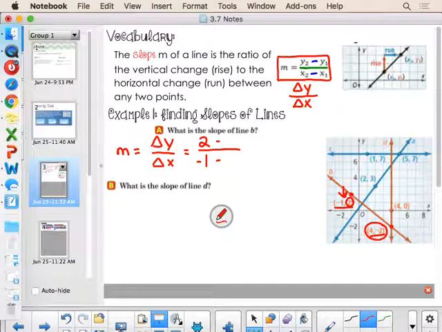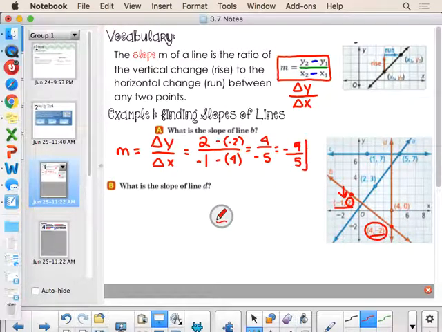My second y value is -2, and my second x value is 4. Now I just need to simplify the expression. 2 minus -2 becomes 2 plus 2, which is 4. -1 minus 4 becomes -5, so my slope for line B is -4/5.